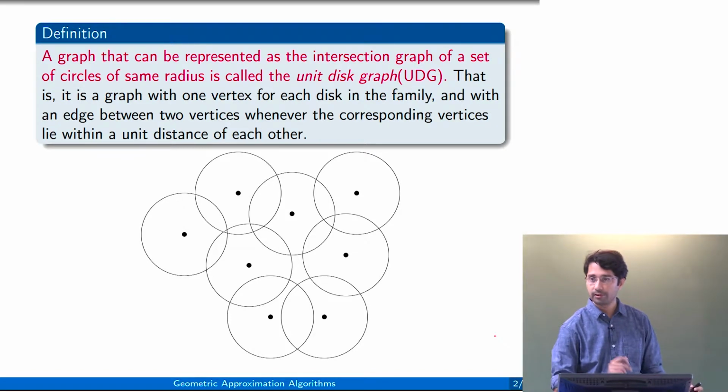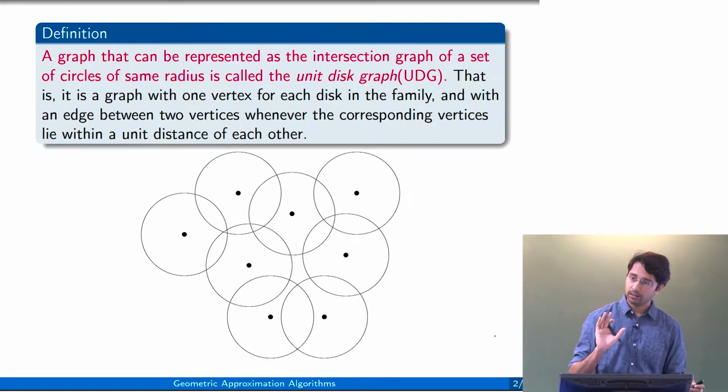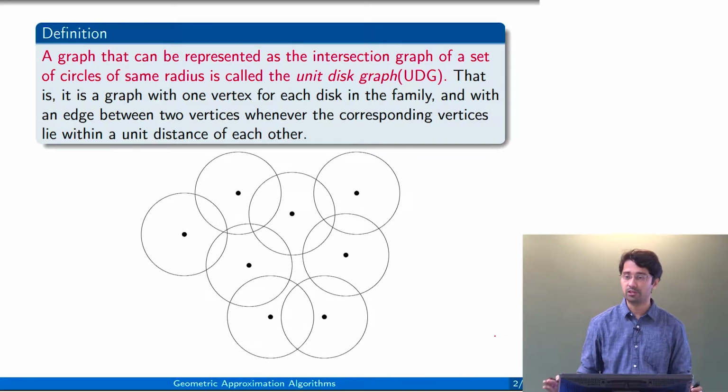Is the distance less than or equal to 1? I am assuming the radius is 0.5, the radius is half, the diameter is 1, that is my definition of a unit disk.